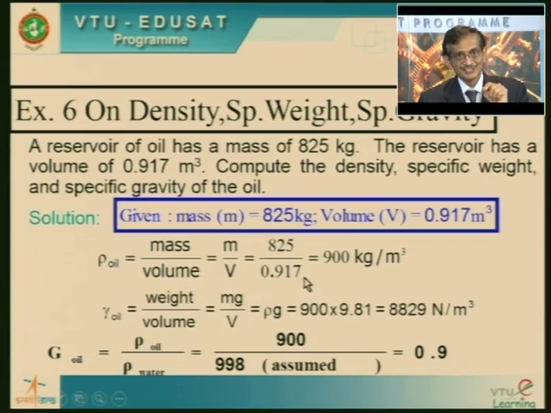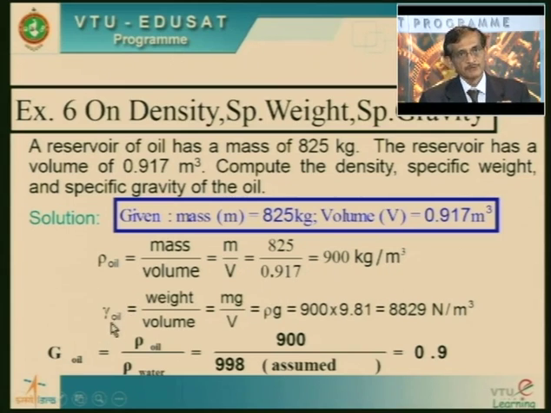If you calculate, you will get 900 kg per meter cube. Is it okay? I think you can calculate, you have a calculator. So, mass of the oil is 825, volume of the reservoir is 0.917 meter cube. You divide that, you immediately get density of the oil as 900 kg per meter cube.